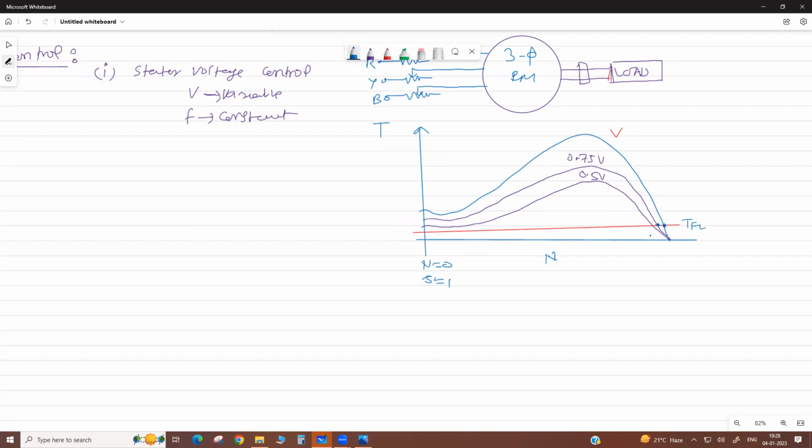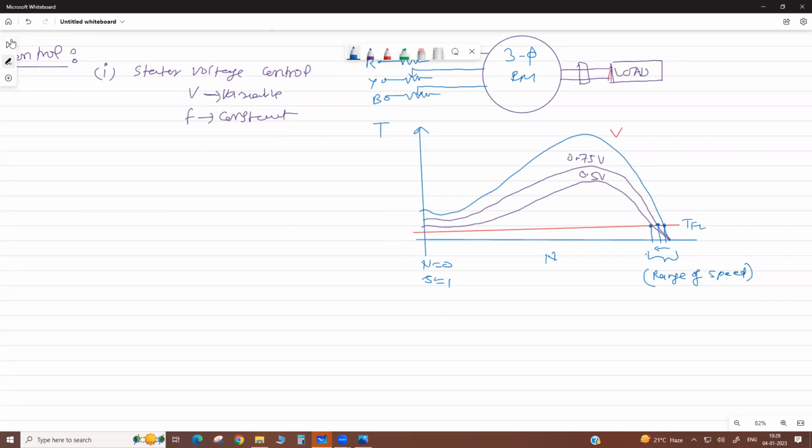Then it shifts here, so your speed is reduced. But this is a narrow range of speed control only, a small range, not a wide range. This is another disadvantage of voltage control.